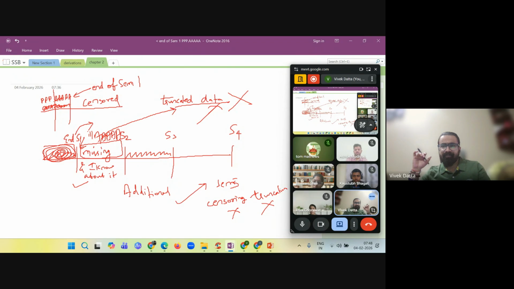Yes, clear? Okay. In most of the cases, in the sums, you will assume the insured event to be death. However, most of the examiners are very smart and they don't give death as the insured event to confuse you.